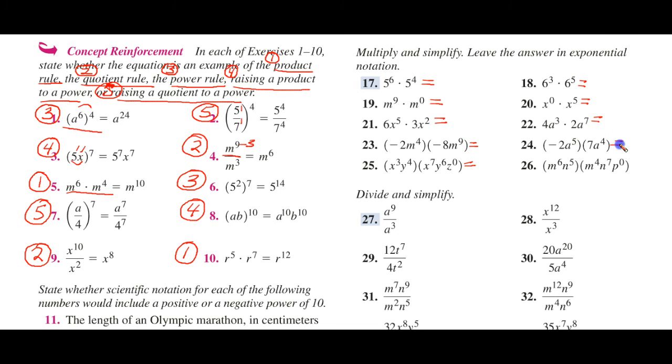And you don't need to write out the examples. This is just a little exercise here. All right, let's pause and see what you get for answers.